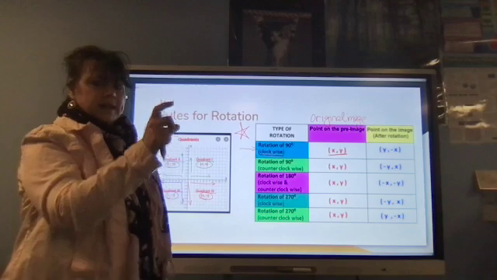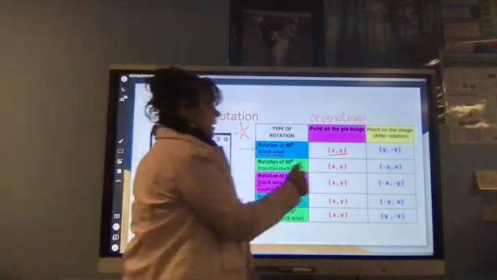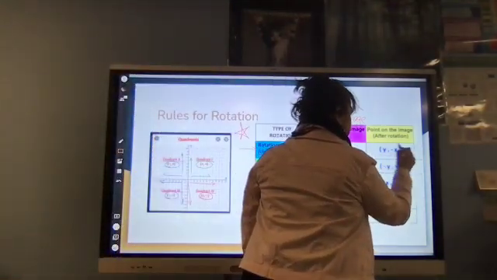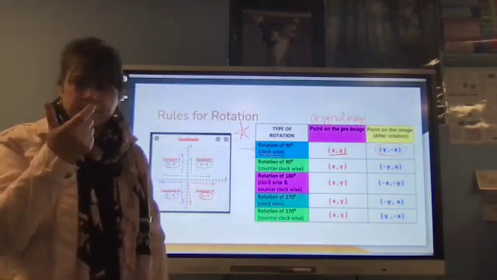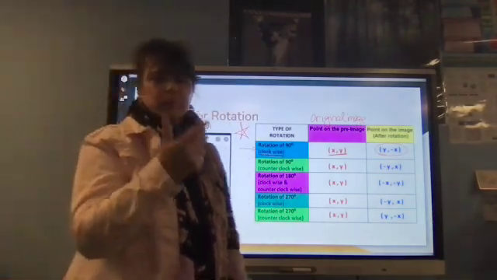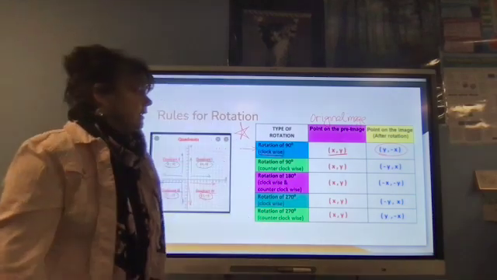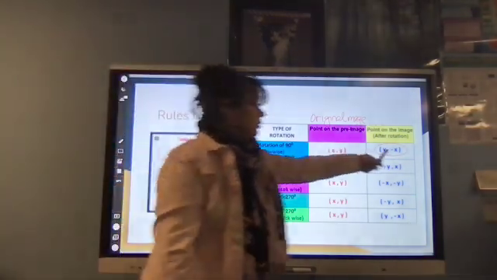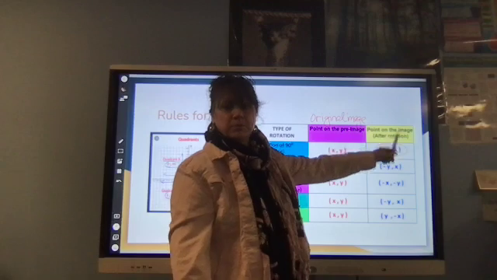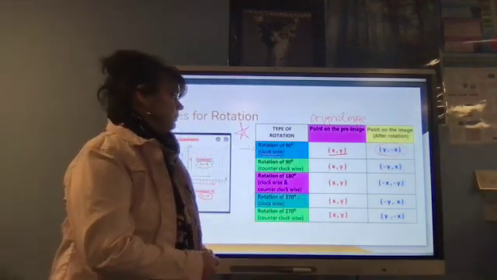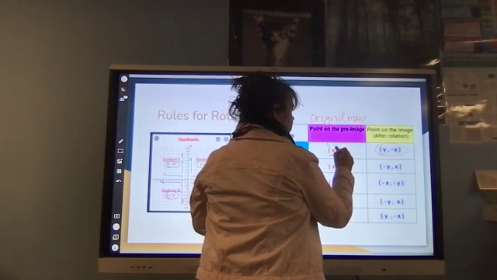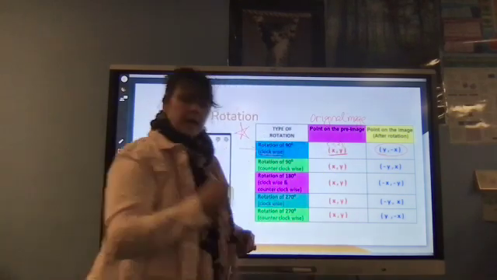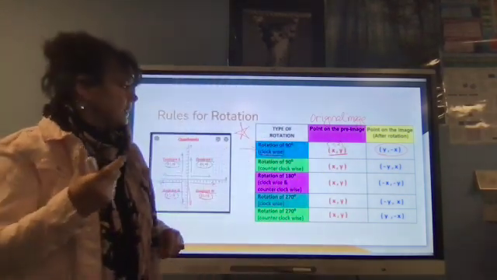When we rotate it 90 degrees clockwise, it's now going to change to y, negative x. So we're flipping the coordinates and we're throwing the opposite sign on the new y value, which is negative x of our original.